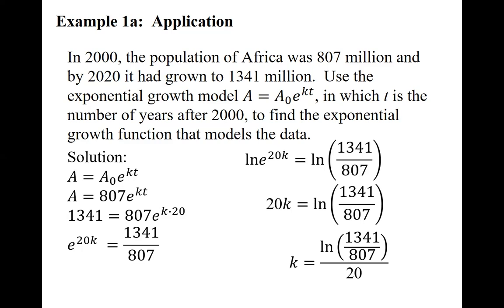But we'd like a number. So we pop that into the calculator, and we get about 0.025. That would be 2.5%, and it's going up. It's positive. It's growth. 2.5% growth.